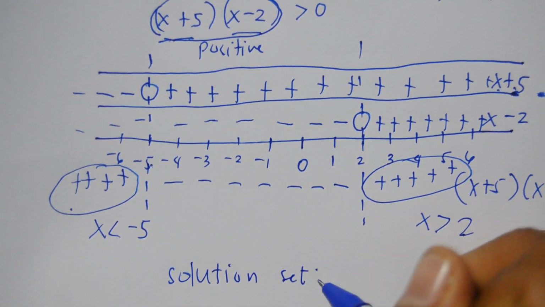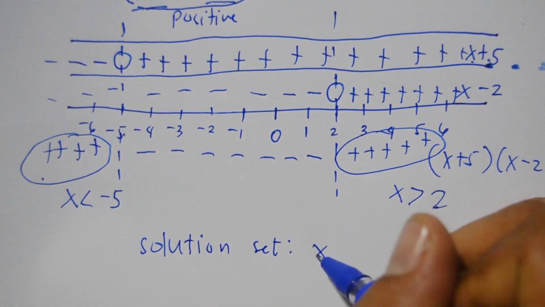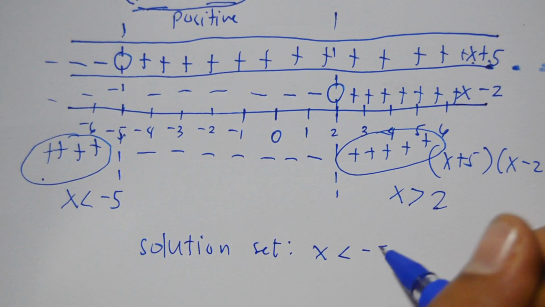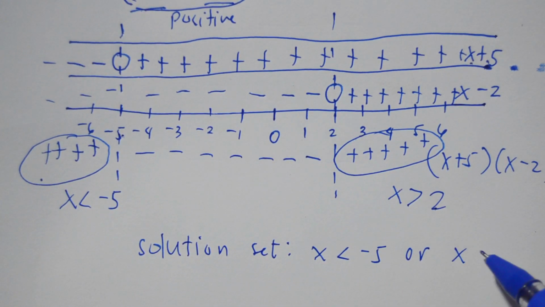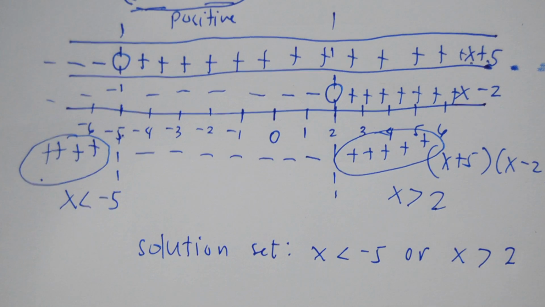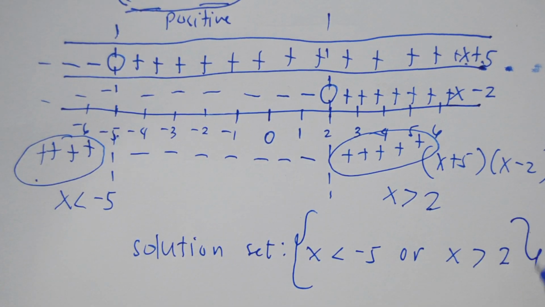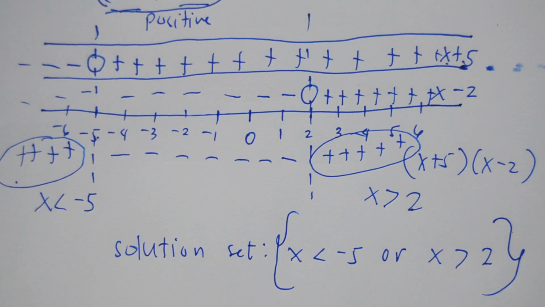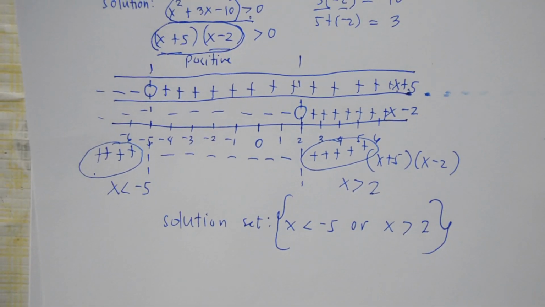Okay, so our solution set will be x less than -5 or x is greater than 2. That is our solution set, or our set notation.